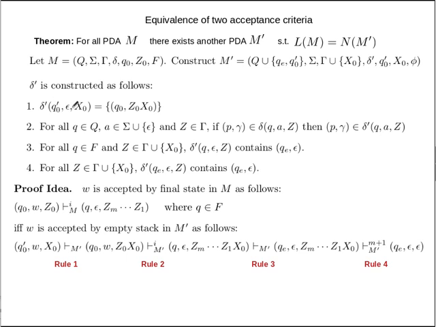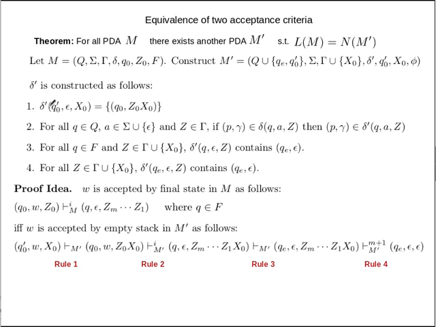So this will be the initial ID for M prime. This is the start state, this is the start symbol. So the initial ID will be something like this: you have the start state here, the start symbol here, and the input here. But for this combination of state and stack symbol, we define an epsilon transition for this M prime.